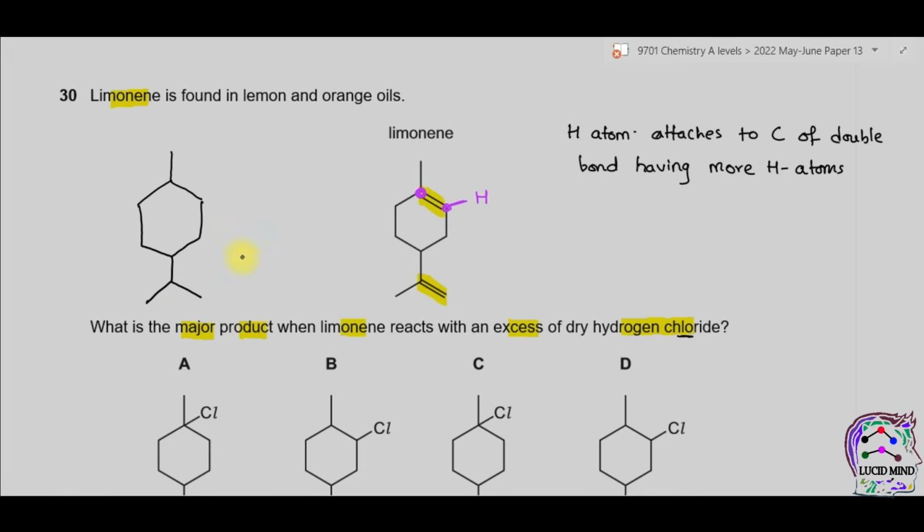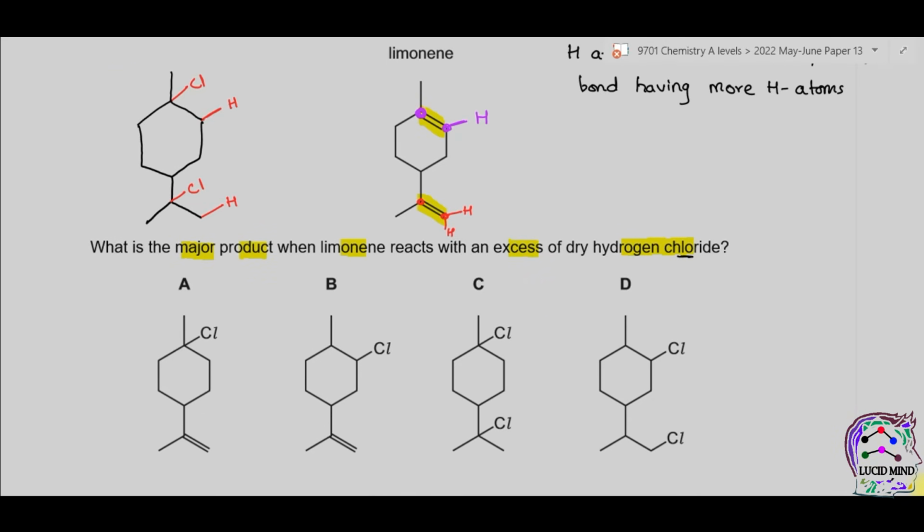Let's convert the double bonds to single bonds, and then the incoming hydrogen is going to get attached to this carbon and chlorine is attached to this carbon. Similarly, between these 2 carbon atoms, we can see this carbon has 2 hydrogen atoms while this one has 0. So it means hydrogen will be attached to this carbon and chlorine is going to be attached to this carbon. So this is the major product that is formed.